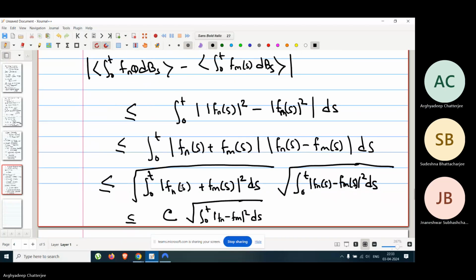So basically I'm saying the expectation of a square root. Even Jensen or Cauchy-Schwarz would give you the same thing, right? Isn't this just Cauchy-Schwarz?